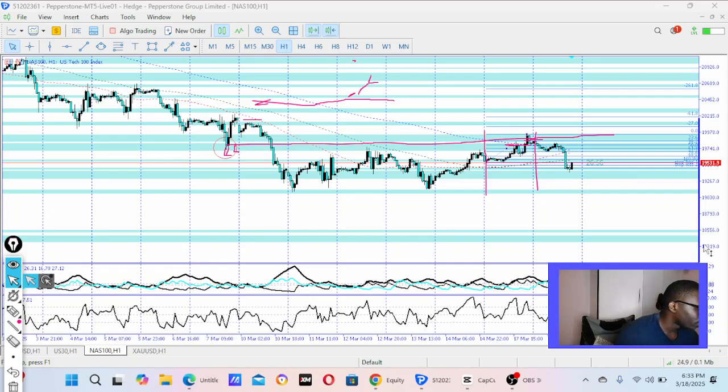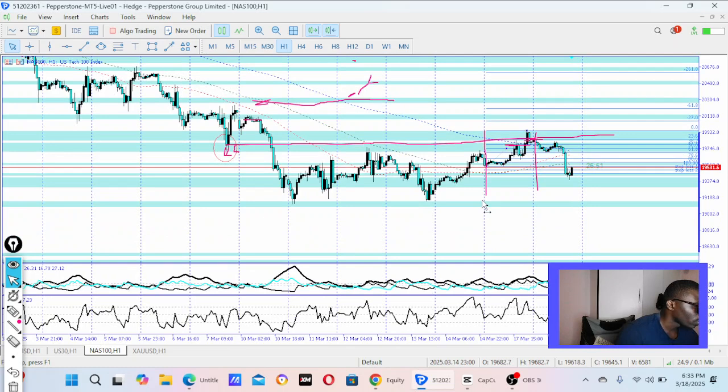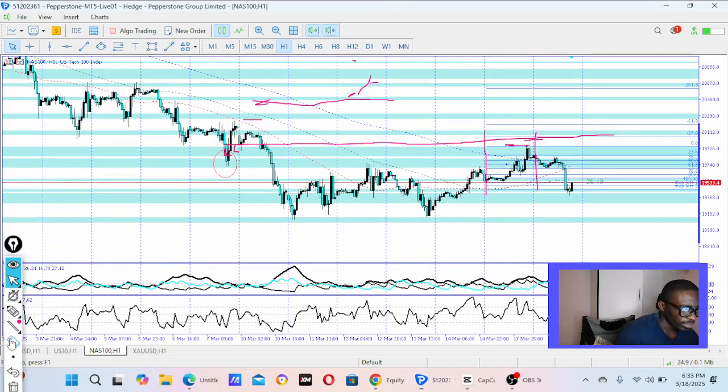maybe the market is going to retrace, dip. Price closed here in a high, price closed here in a high. So I looked at this as a minor bullish structure.